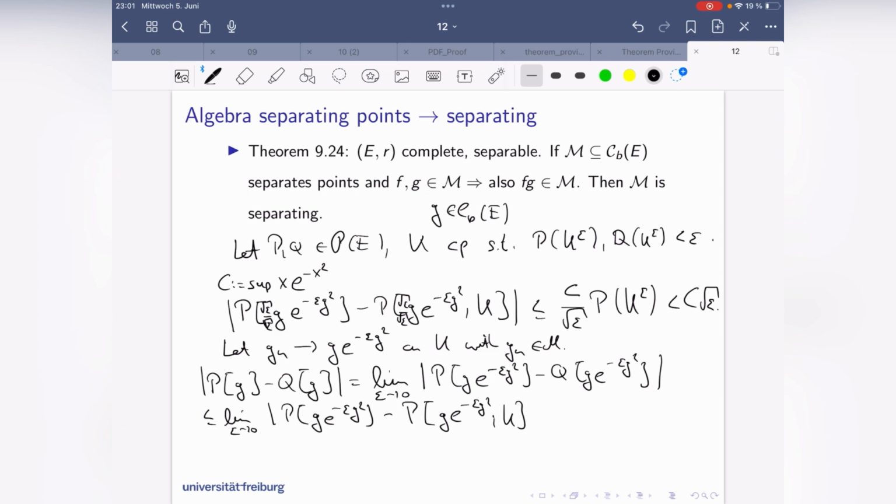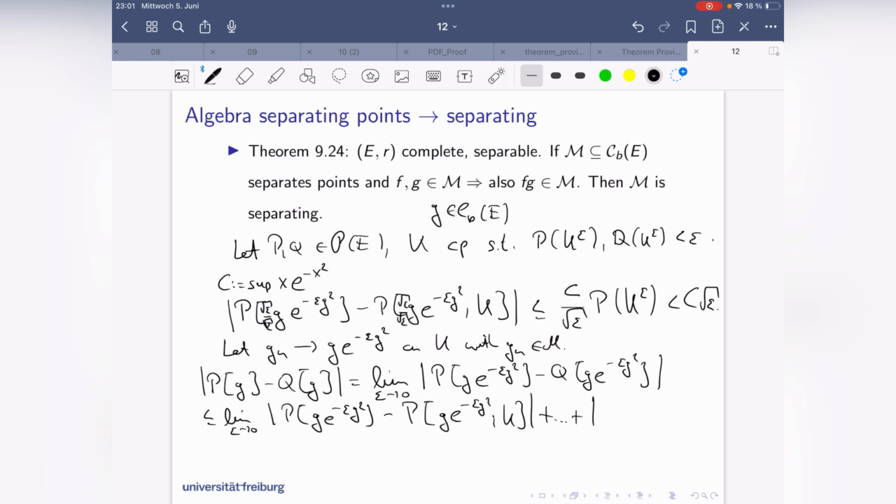On k, I will have the g is approximated by the gn's here. But I'm on k here, so the p of gn on k equals q of gn on k, because that's the assumption in order to show separating. And then I go back to q, and I go back from the gn's to this here. Well, plus I make some dots because I'm lacking space here.